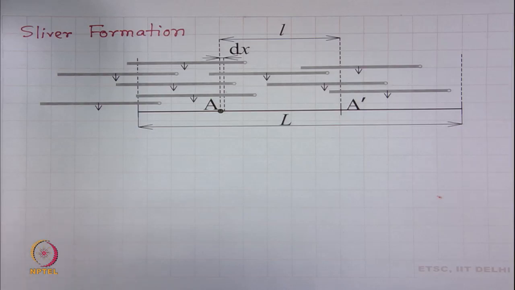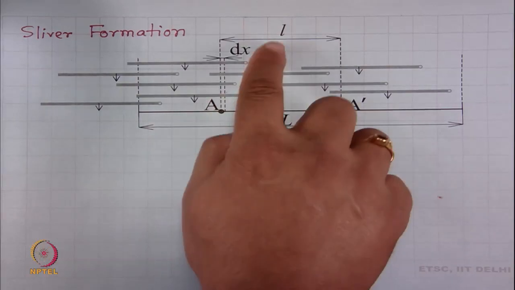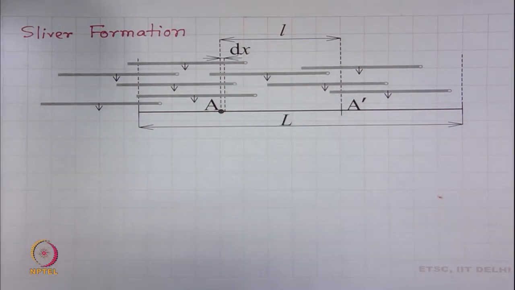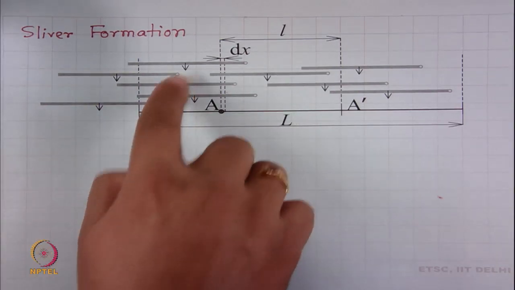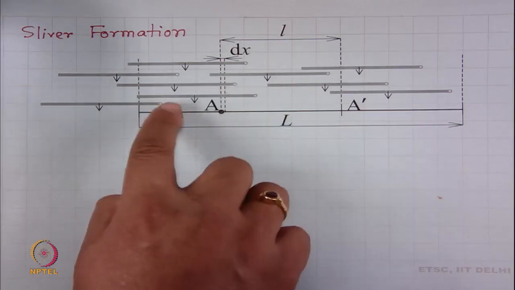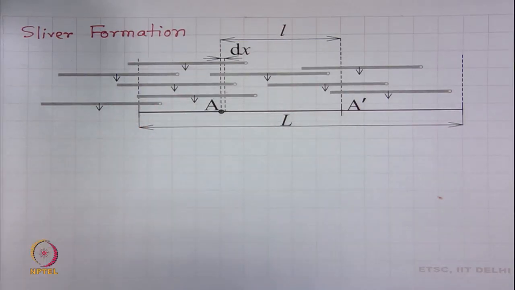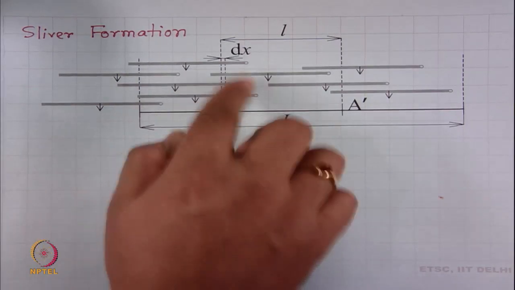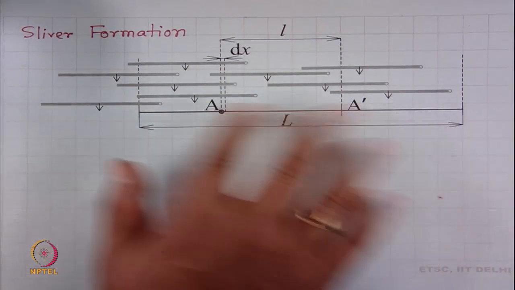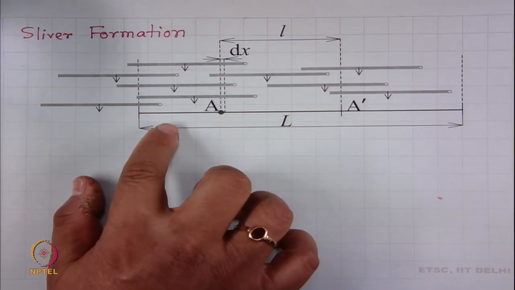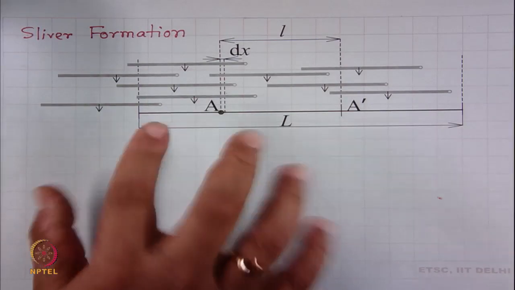All fibers have same length, that is small l. The downward arrow indicates the deposition of fibers. So, here imaginatively fibers will fall at the bottom and they will form the sliver.